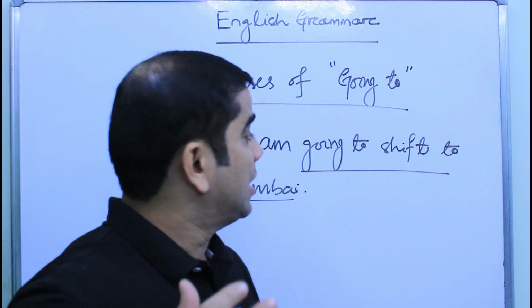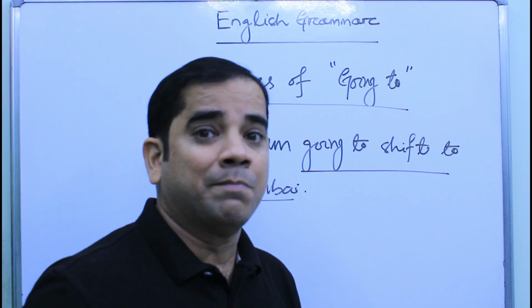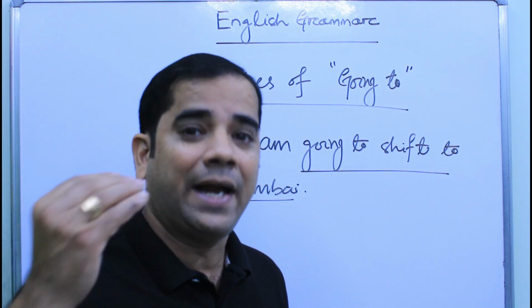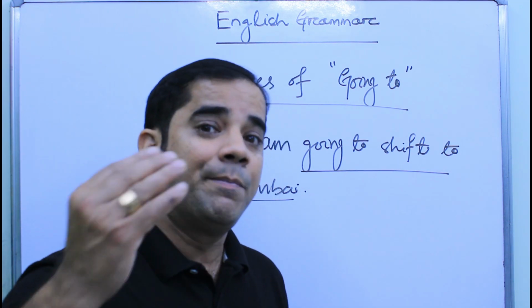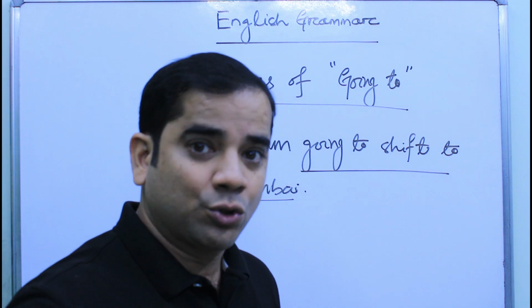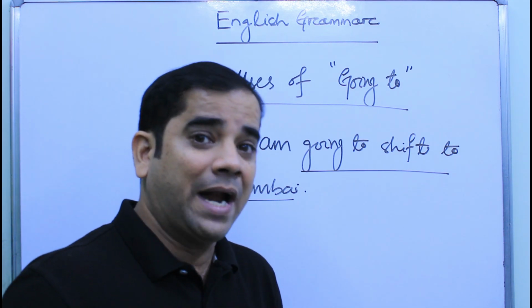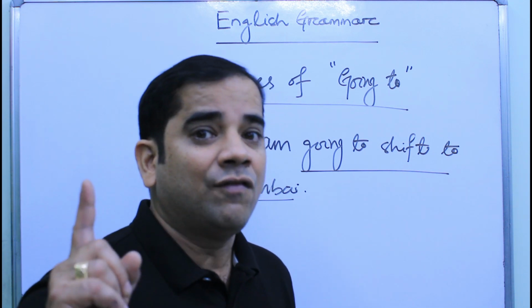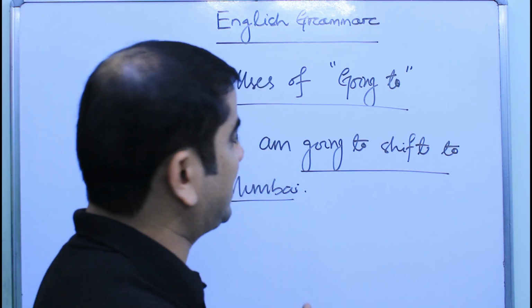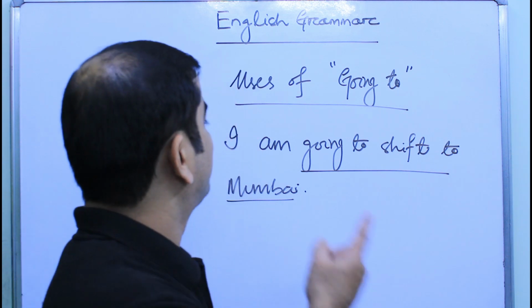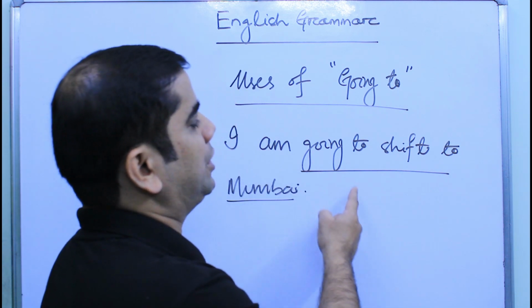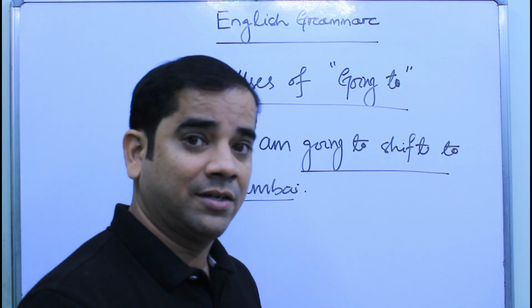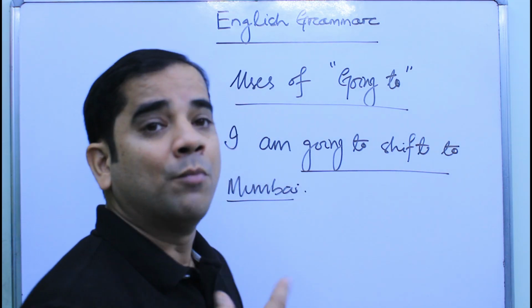In this case, shifting to Mumbai is my decision that I have made, but I have not shifted to Mumbai yet. I will shift to Mumbai in future. So this is a decision that is made by me now, but the action will take place in future. So I can represent that action by using going to. I am going to shift to Mumbai. This shows my decision to shift to Mumbai.